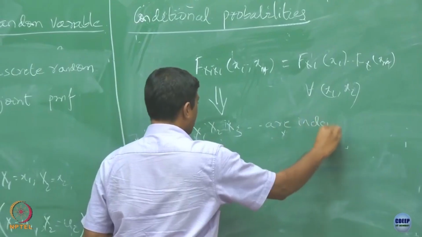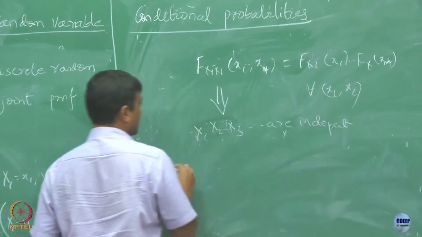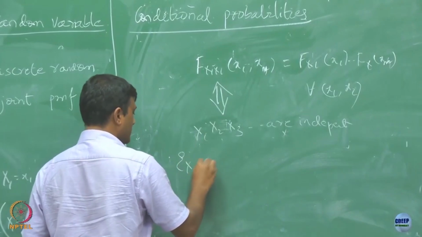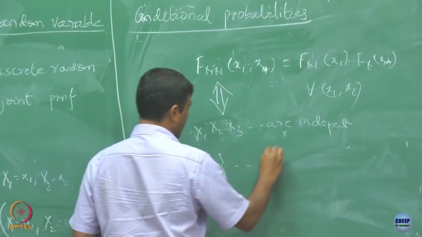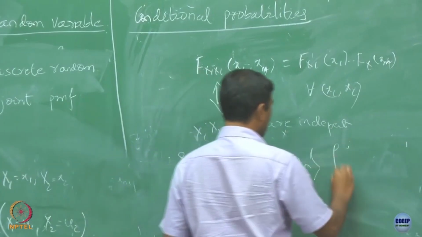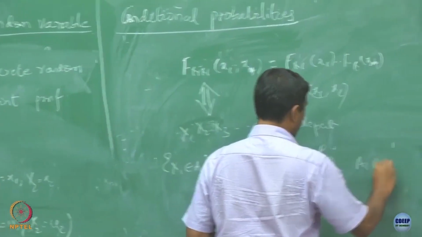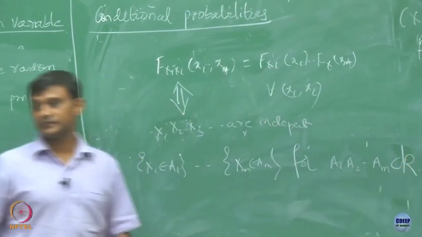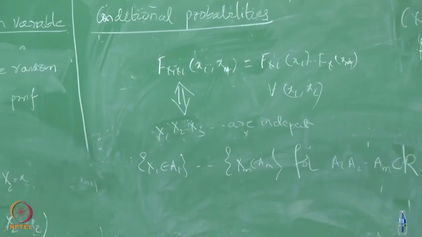This already implies that if you take x1 belongs to A1 all the way to xm belongs to AM, for any A1, A2, all the way up to AM which are subsets of R, they are independent provided this holds.